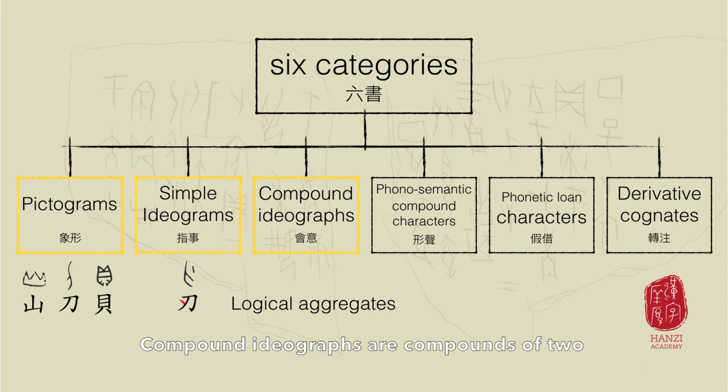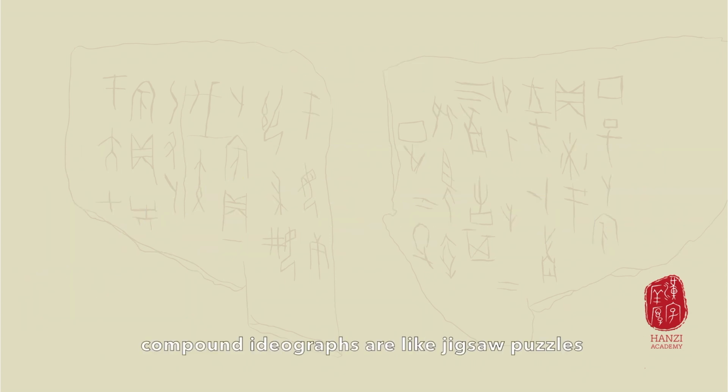Compound ideographs are compounds of two or more pictographic or ideographic characters to suggest the meaning of the new word to be represented. In other words, compound ideographs are like jigsaw puzzles, putting together characters to logically create a new meaning, often abstract.